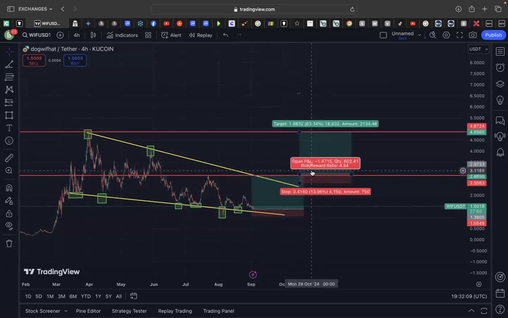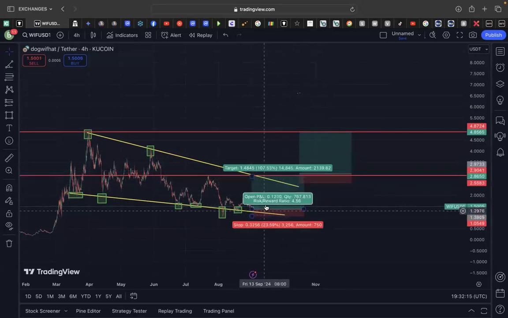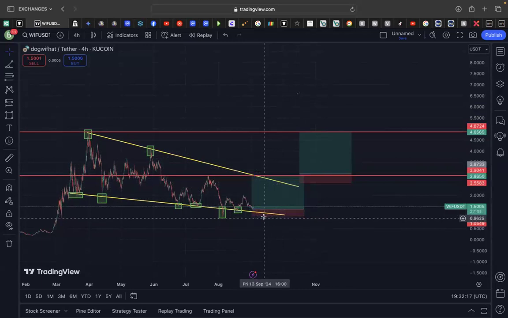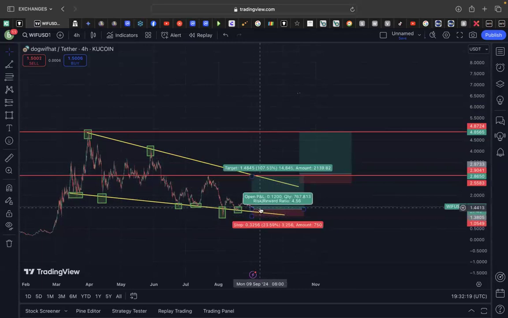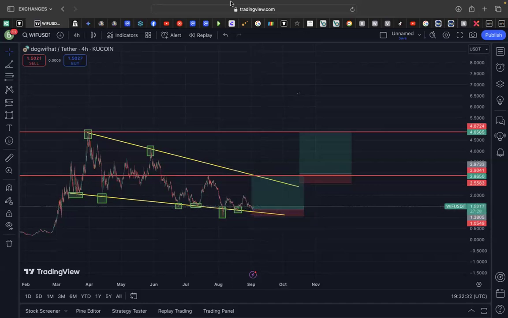We've identified our entry point, our exit points, and where the trade could be invalid, which is under this particular support level. This is just the projection from this chart with Dogs with a Hat.